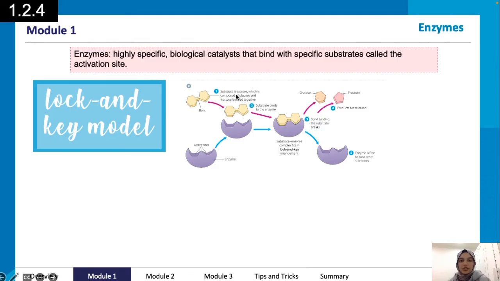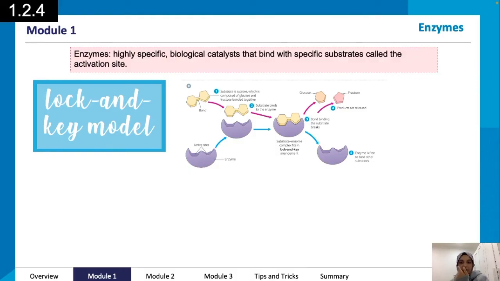So we've got this. The substrate is sucrose, which is composed of glucose and fructose that's bonded together. So the substrate will then bind to the enzyme, and you can see it's a lock and key model. And that's where the name comes from, as you can see where it fits into the lock and key. Number 3, the substrate breaks.